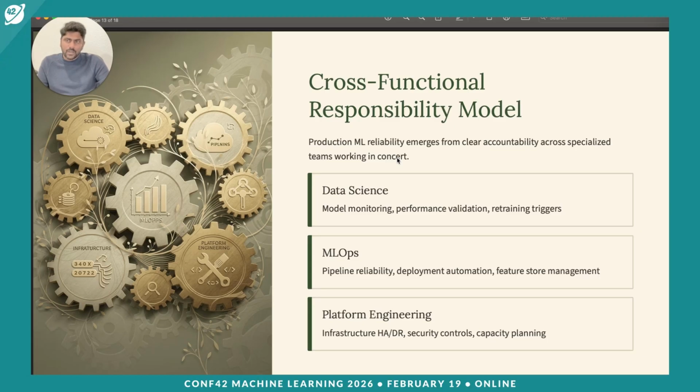And depending upon the organization, there could be even more teams, like change management, vendor management. All this comes into play depending upon the kind of cloud we choose.